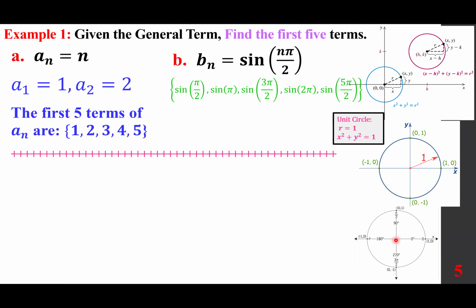So this is 0 degrees. This one is 90 degrees or pi over 2. Pi or 180 degrees. 3 pi over 2 or 270 degrees.